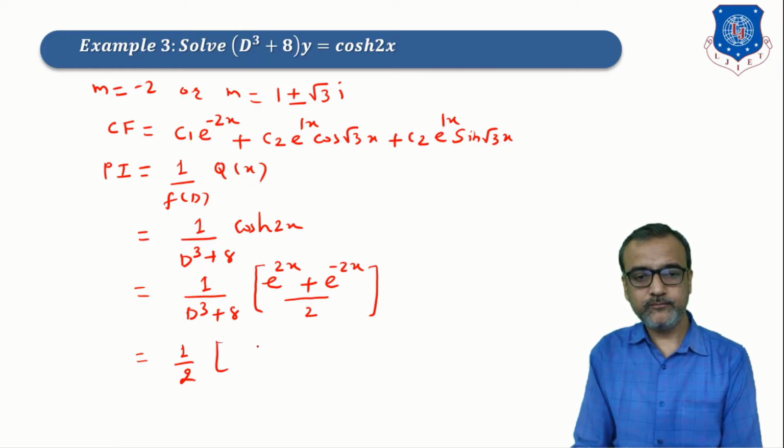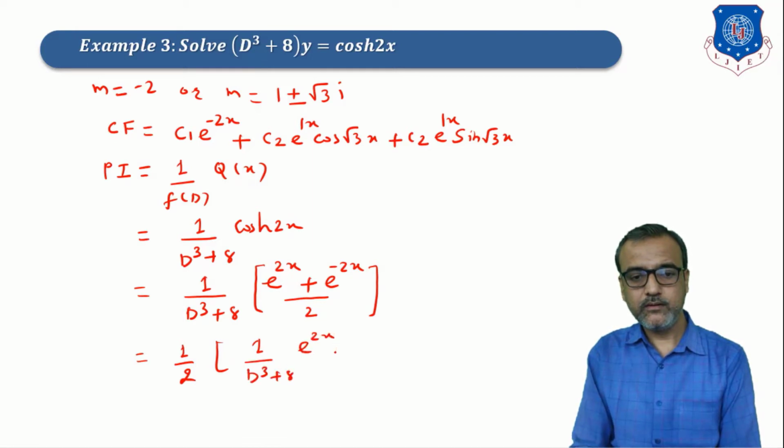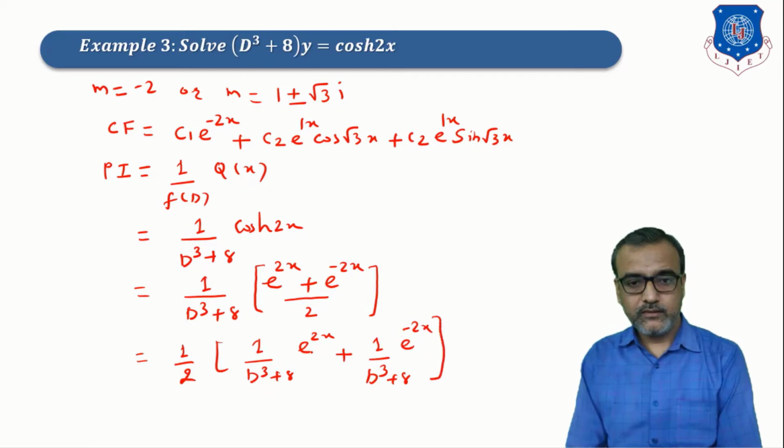So we have 1 upon D cube plus 8 e raised to 2x plus 1 upon D cube plus 8 e raised to minus 2x. Now as this is case number 1, we will replace D by a.